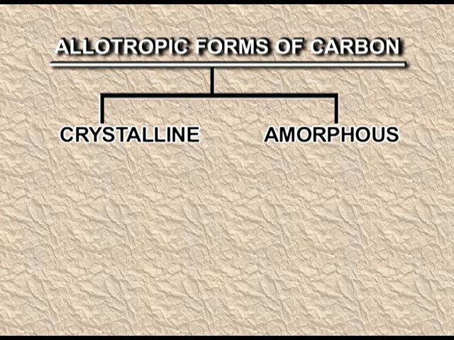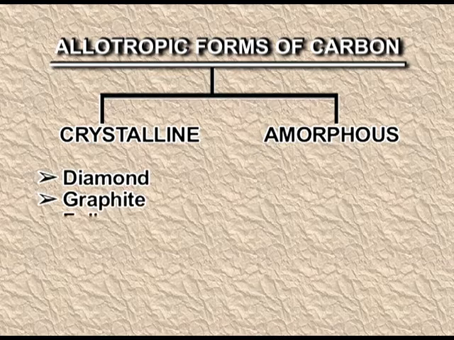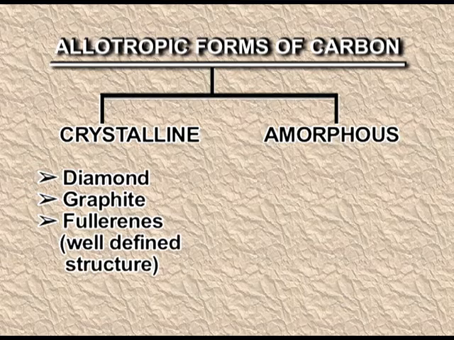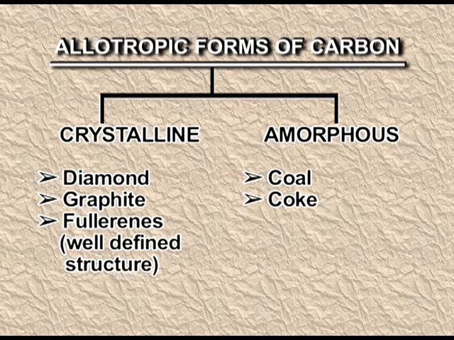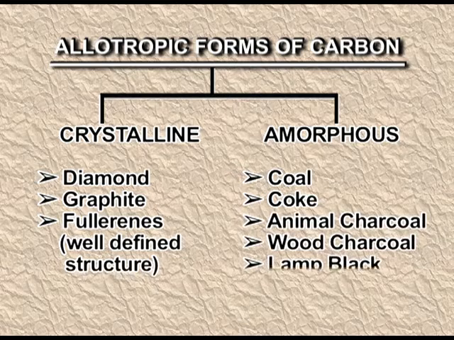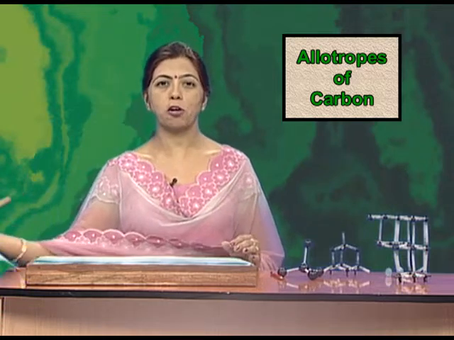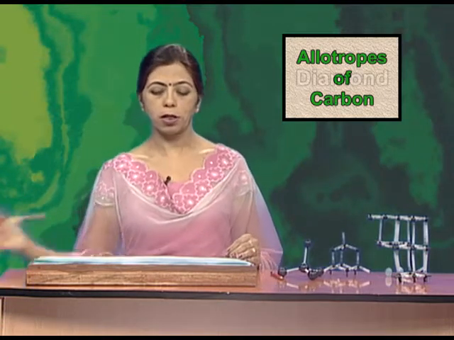The crystalline forms are diamond, graphite and recently discovered fullerenes. They all have well-defined structure. Amorphous forms are coal, coke, animal charcoal, wood charcoal and lamp black. Let's discuss each one of them one by one.